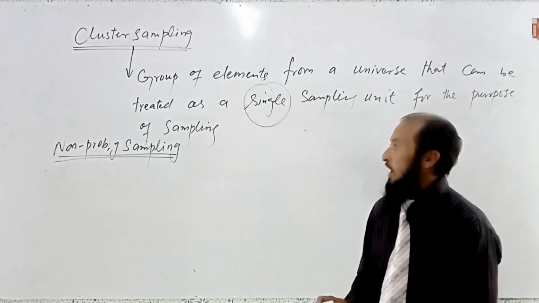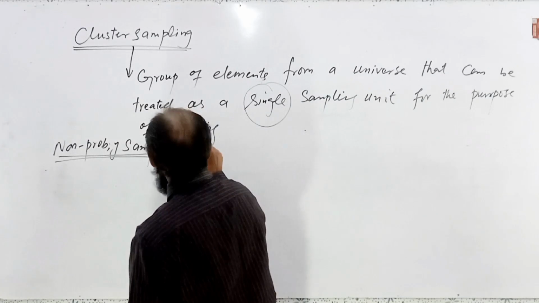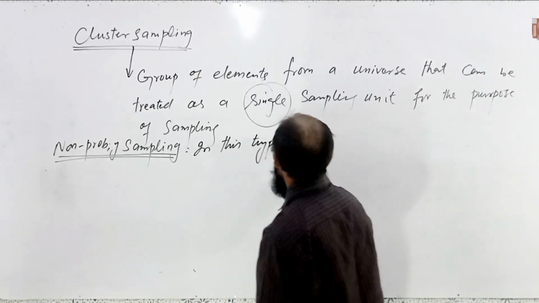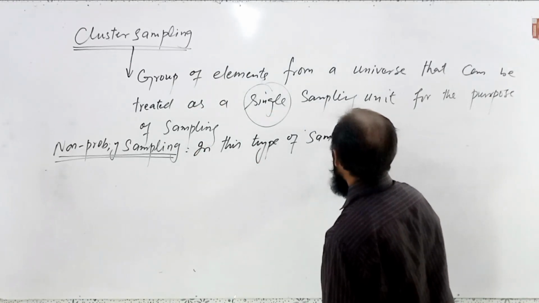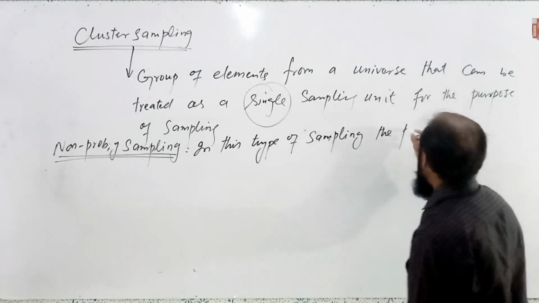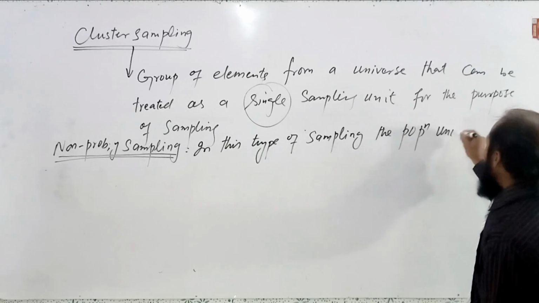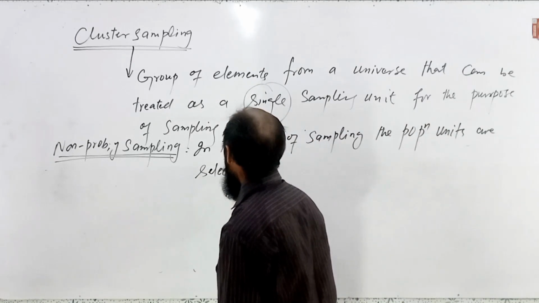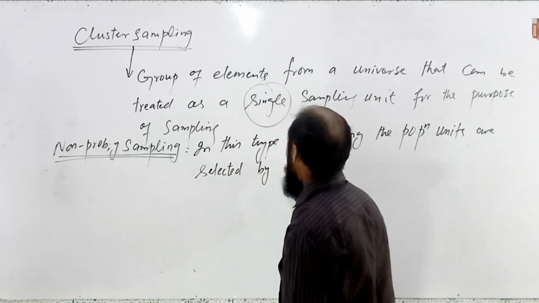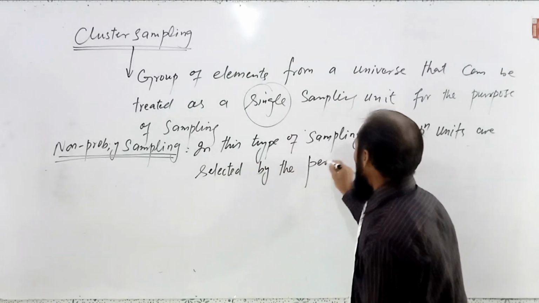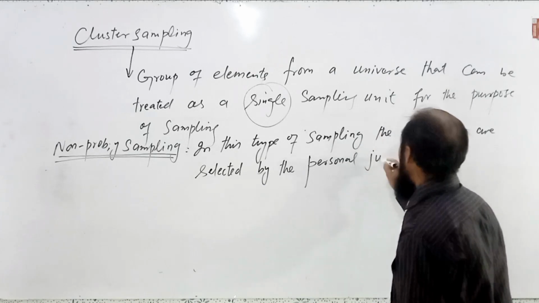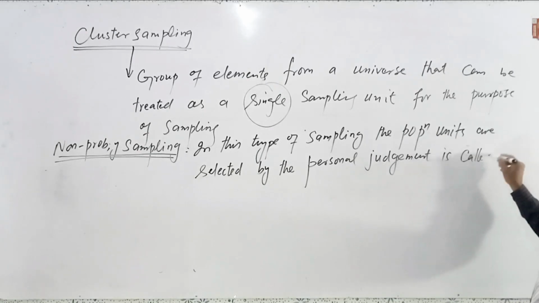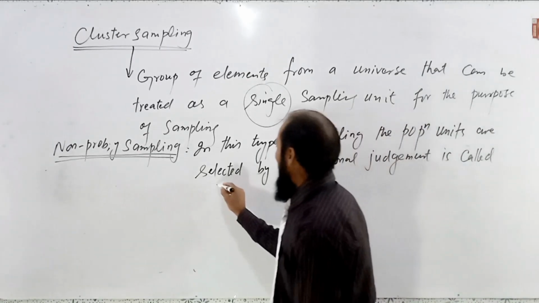Now we write the definition: in this type of sampling, the population units are selected by personal judgment, and it is called non-probability sampling.